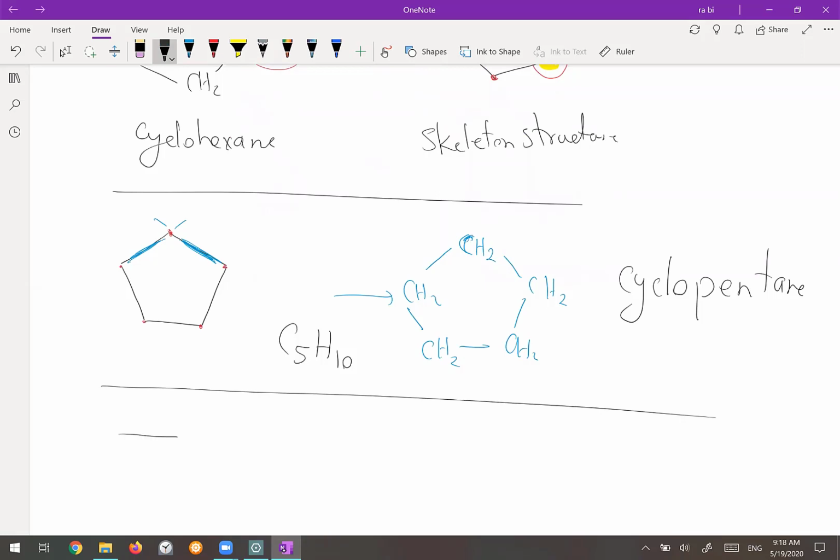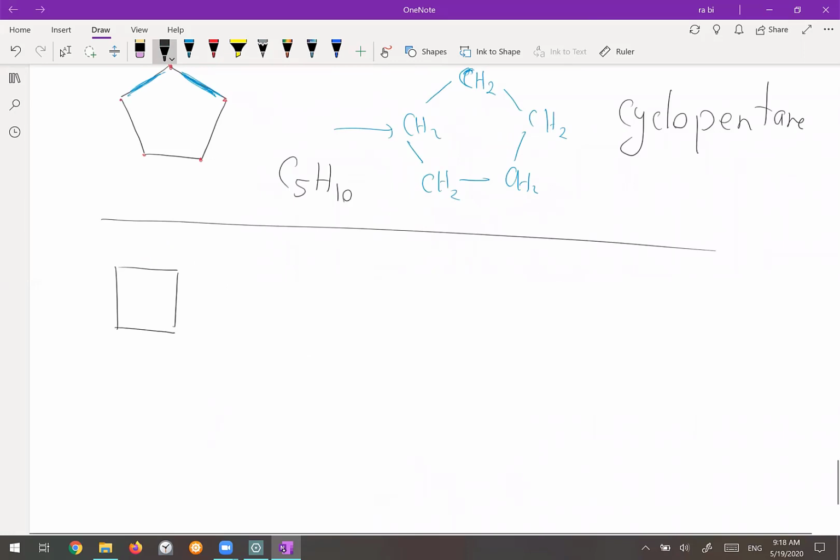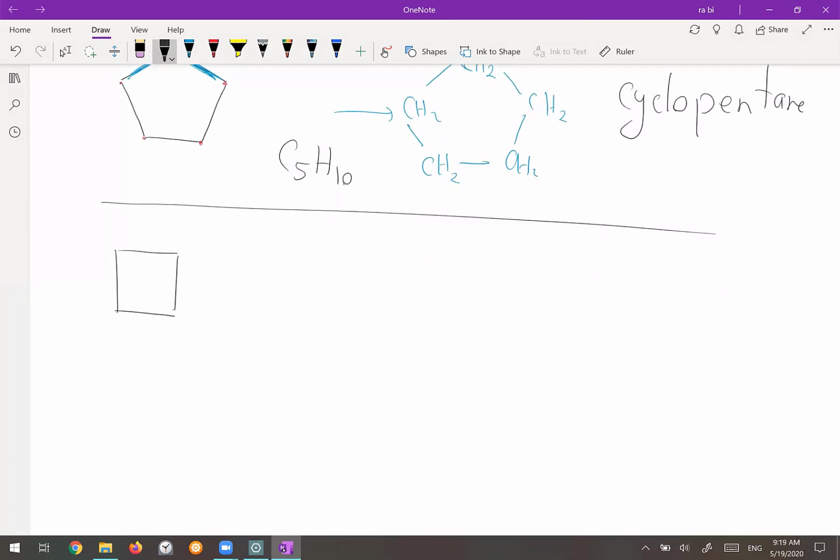Okay. What about this one? What is the molecular formula? C4H8. C4H8. We have 4 corners here. It means we have 4 carbon, and each carbon has 2 single bonds, so they need 2 hydrogen.